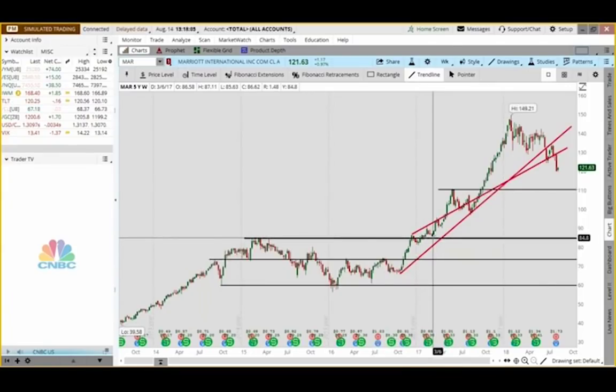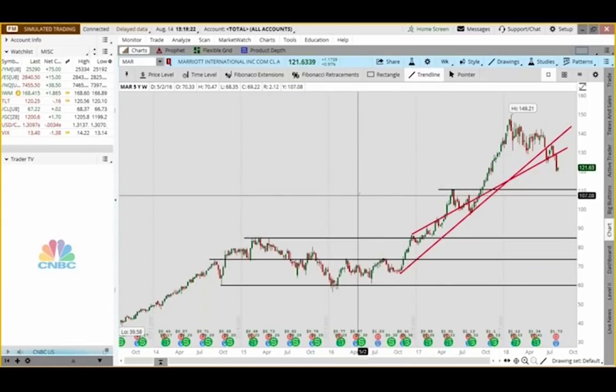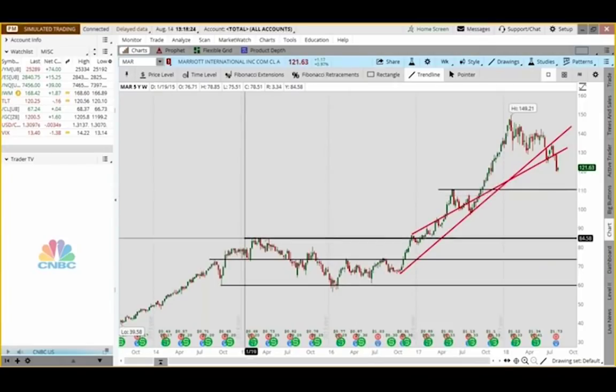Because if I was entering here and it goes against me, now there's that support level where it's likely to hit it and bounce back up again, and it prevents me from taking that loss, right? So very, very important, but very simple and easy to do. Just mark those pivot highs and pivot lows and go from there, okay?